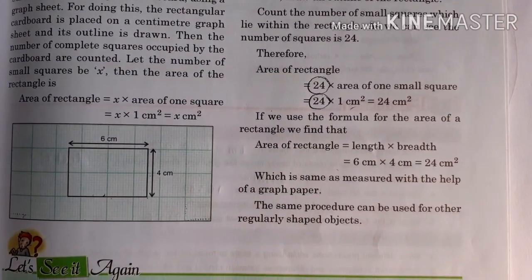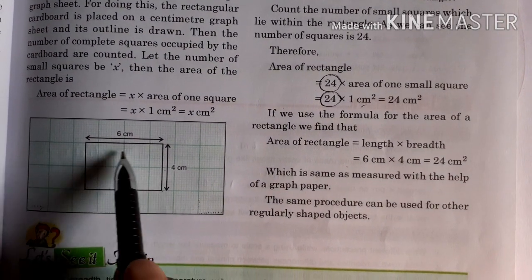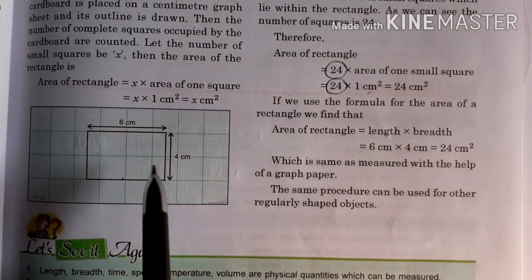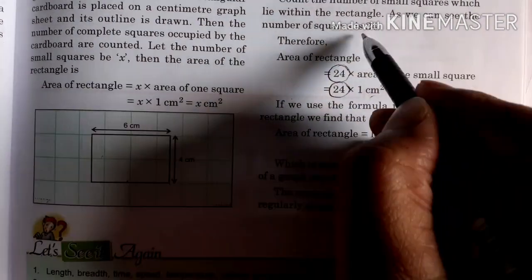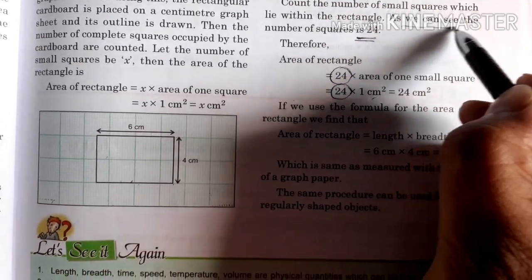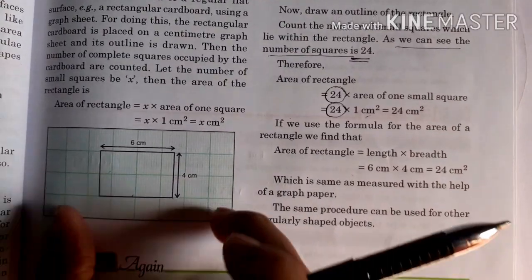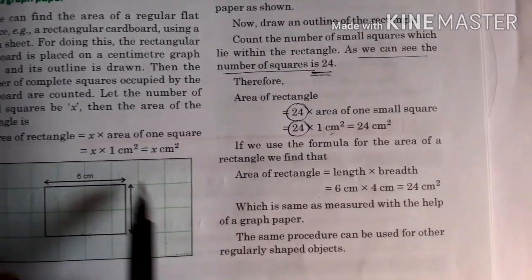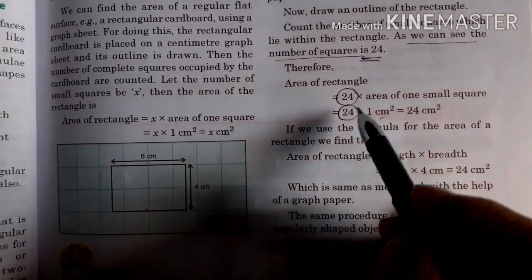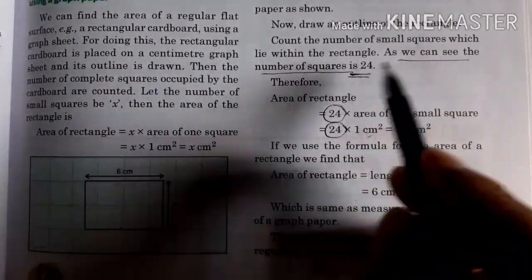So definitely you can see that 24 squares should be present inside. That is not actually correct. As written here, the number of squares is 24. That is not correct. This is given only as a representation of how to use the graph paper. Okay, so don't look at all these things.